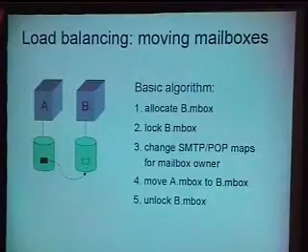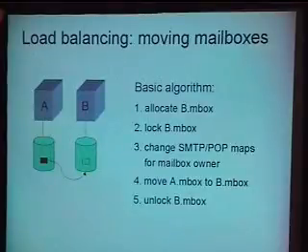Okay, so the task here is to move a mailbox from server A to server B. What you do is first create the new mailbox and lock it, and then change the routing tables for mail transfer and session routing to the new mailbox.